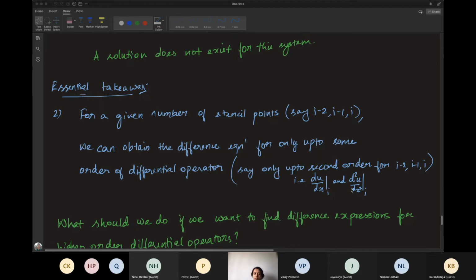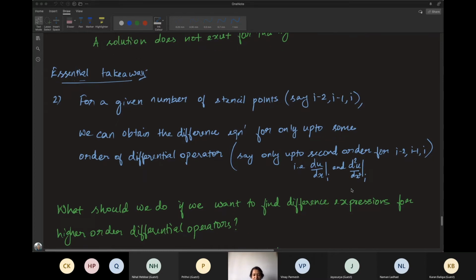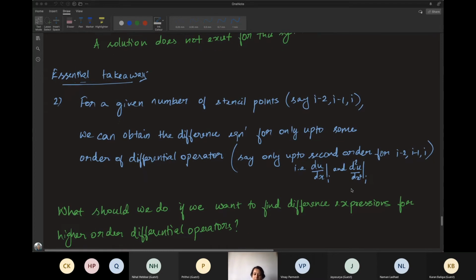So you cannot obtain the difference operators for higher order differential operators using just 3 points. So in that case, what will you do now? Suppose you want to have difference operators for higher order differential operators like d cube u by dx cube and so on, then what will you do?